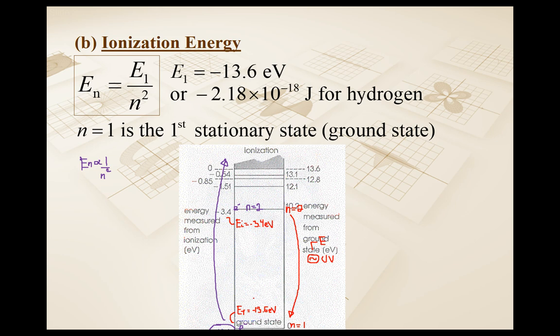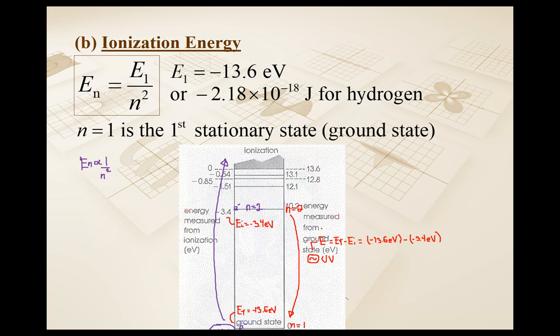So to calculate the energy of this photon, we can call this E. This E would just be the difference between these two energy levels, so E_f minus E_i. That would be negative 13.6 electron volts minus negative 3.4 electron volts.